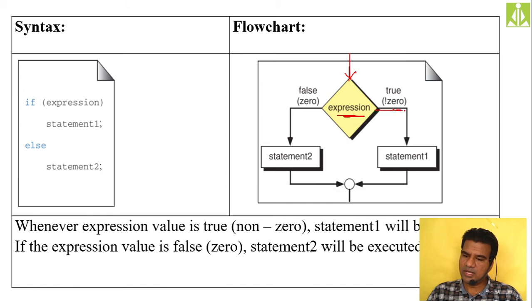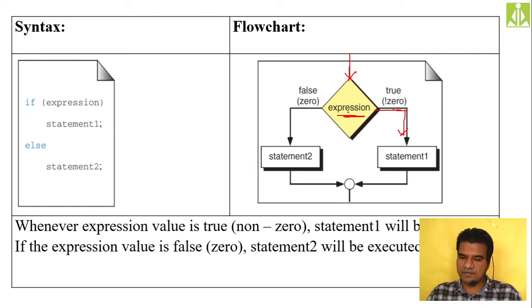Whatever expression you are keeping over here, if it results in a non-zero value, we will also consider that a true case. If the condition is true, the control moves in this direction, and if the expression gives a non-zero value, that is also considered a true case, and the control moves in this direction.